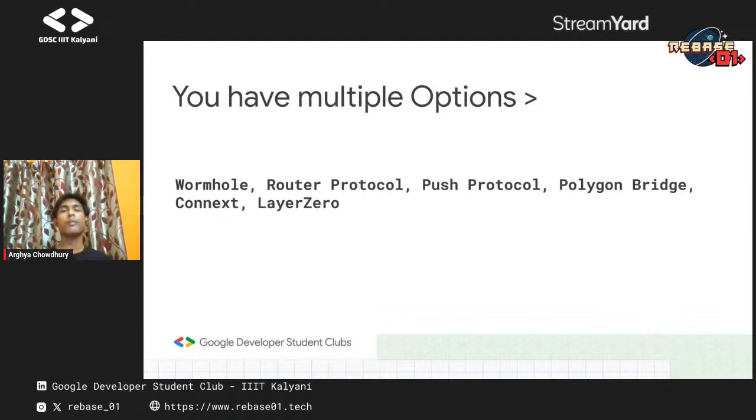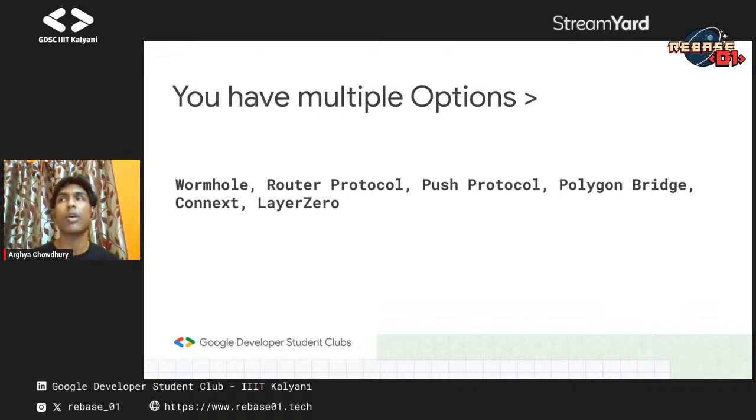Now, many of you are probably building on Polygon because Polygon is giving you a bounty. Now, the thing is, in Polygon blockchain, no, not the Polygon blockchain, my bad, sorry, the Polygon bridge. The problem is that it only supports a very small number of tokens. One token being the Polygon PoS, meaning the Polygon proof of stake token.